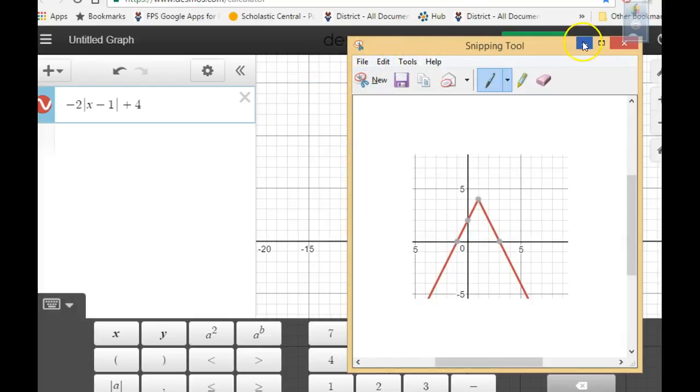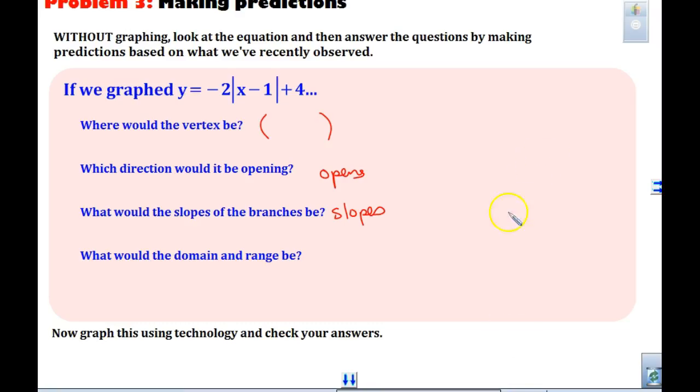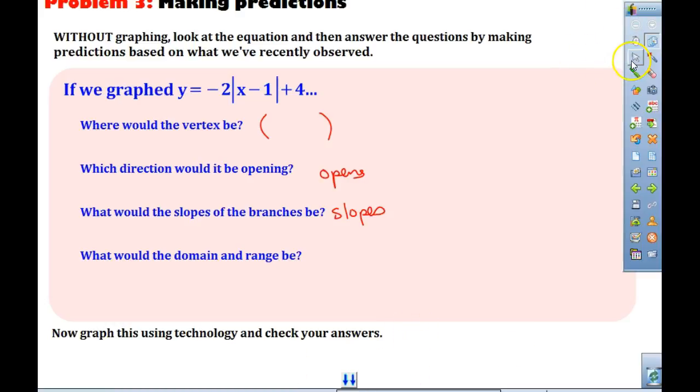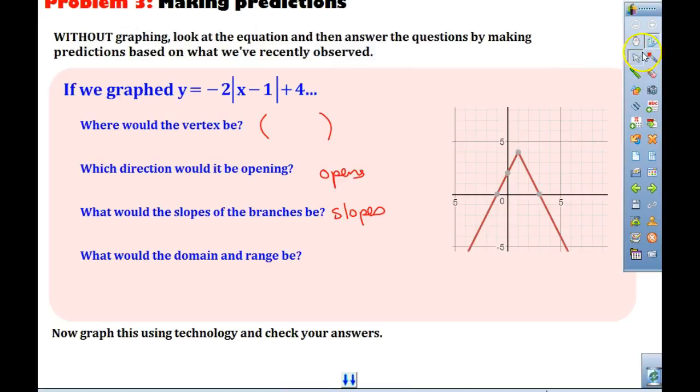So if I was looking at your graph, how close were you to your predictions? How close were most of you? On or not? This is what came up when we did it on our device.